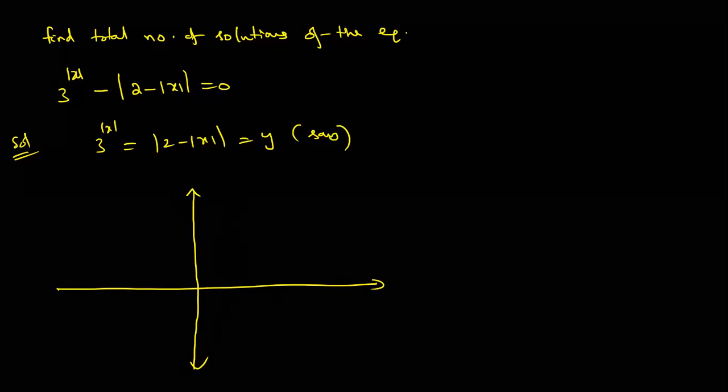Last time I told you 3 is your base. It looks like y is equal to e power x. Dear students, see, the base is greater than 1, so strictly increasing. So what is the graph here? X is equal to 0, y is 1.